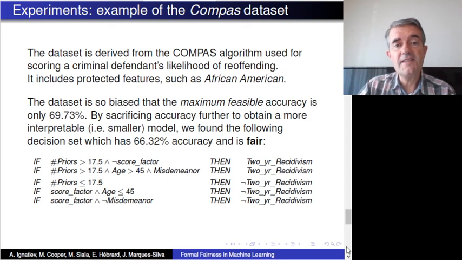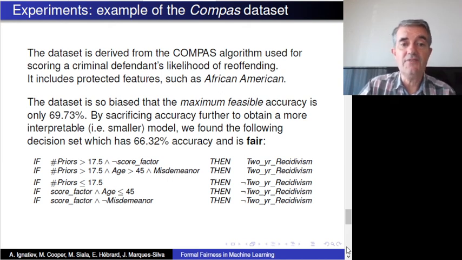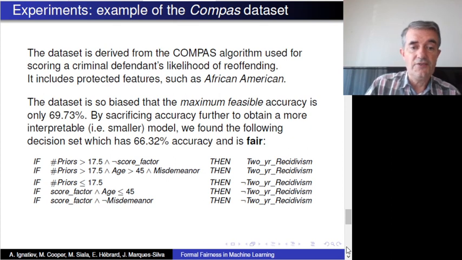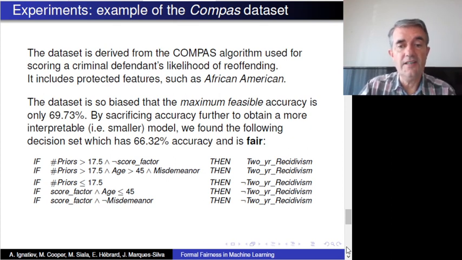In fact, the dataset is so biased that the maximum feasible accuracy is less than 70%. By sacrificing a bit more accuracy in order to obtain a simple interpretable model, we obtained the following model, which has a 66% accuracy and is completely fair. It's described in only five lines.